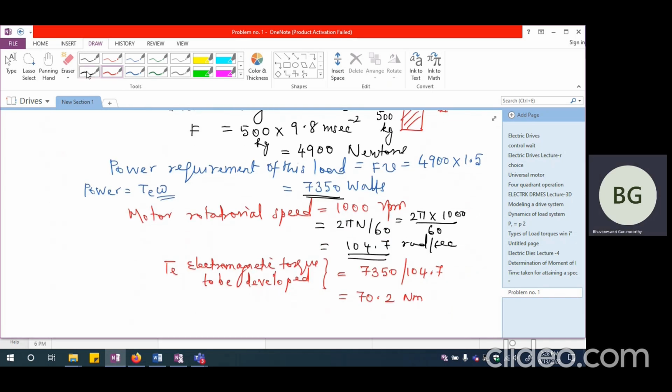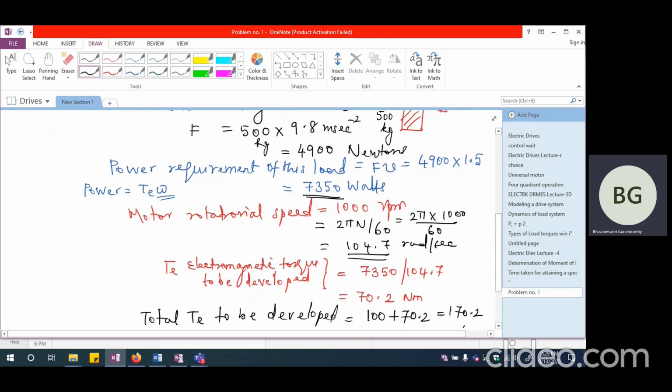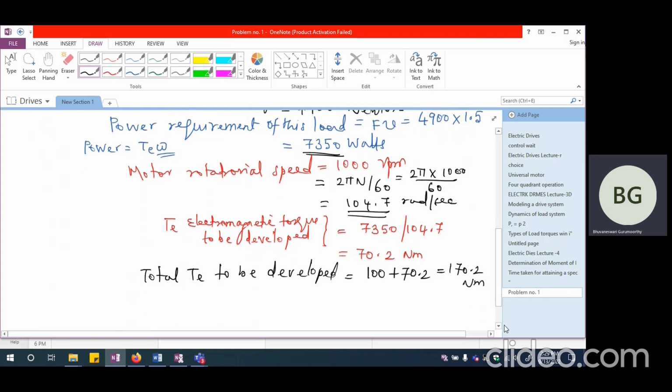So which means the total torque to be developed by the motor will be 100 plus 70.2, which is 170.2 Newton meter. 170.2 Newton meter needs to be developed by the motor if it has to lift a weight of 500 kg at a speed of 1.5 meters per second.